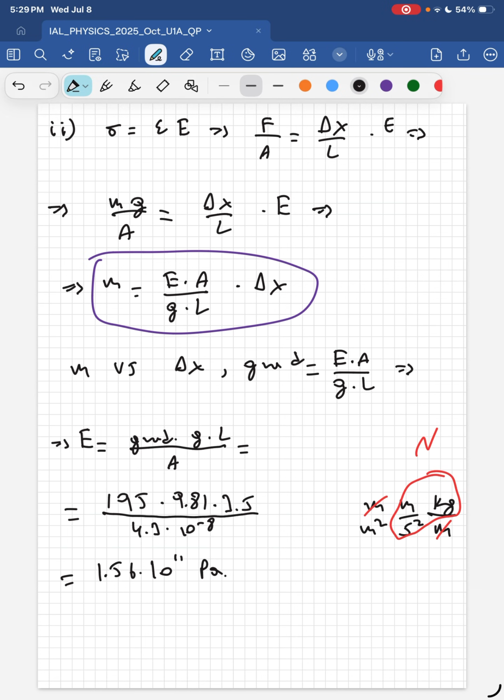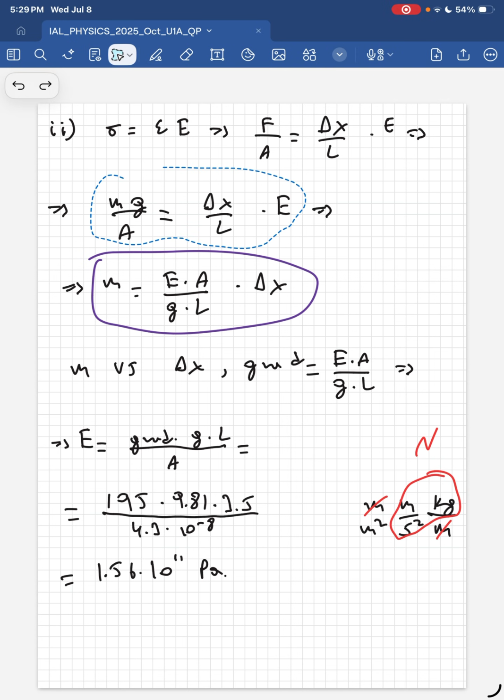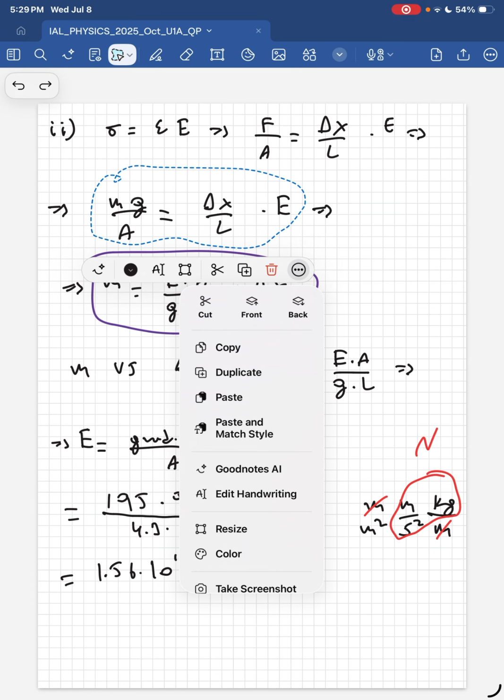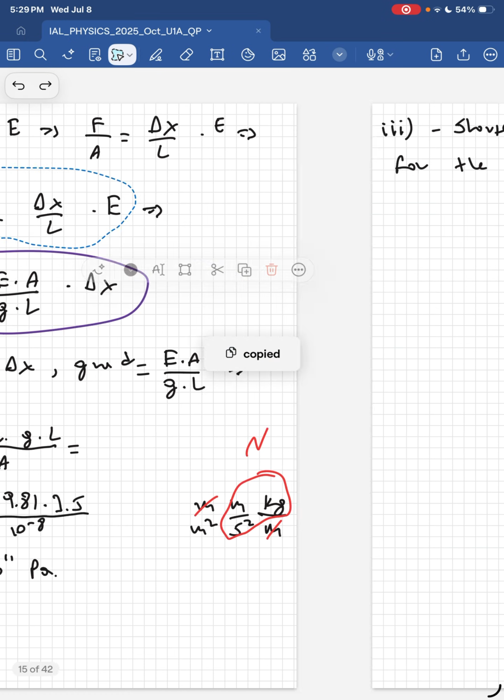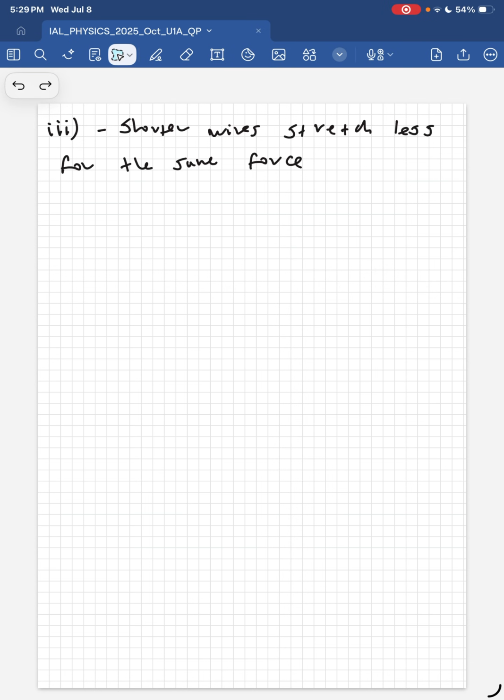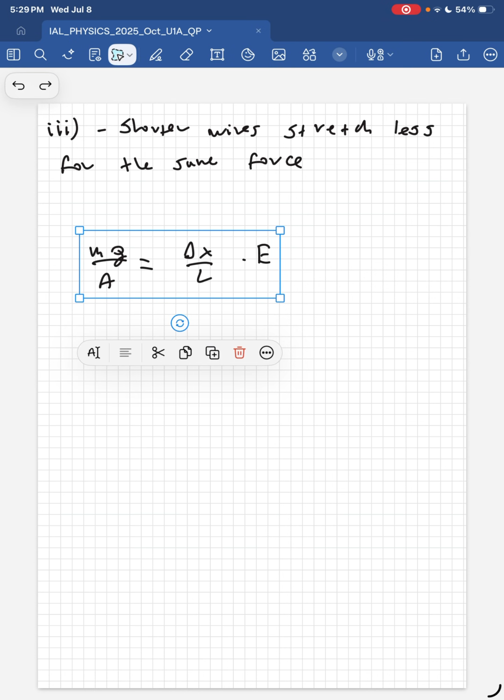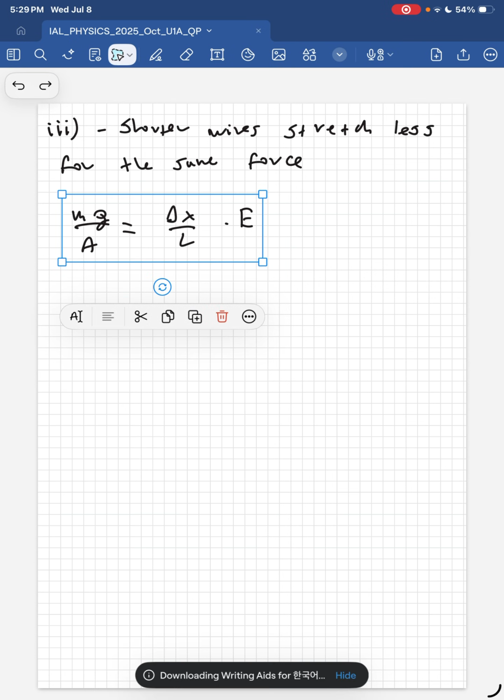Let me show you actually. So if we take this one, can we copy it? Actually, yes, we can. Let me select it. Copy, and paste. So let's move it there.